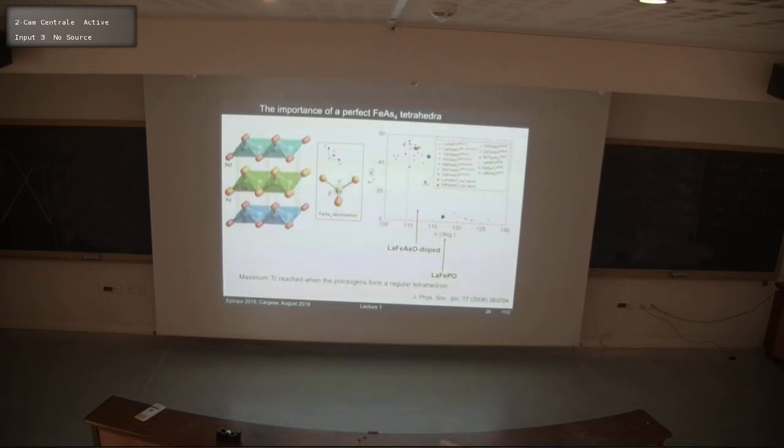Now, an empirical law found by analyzing lots of materials and looking at this perfect tetrahedron is that, especially in the 1111 family of compounds, the transition temperature is maximized when this tetrahedron is regular. And since then, it's been found quite universal that Tc is achieved when this tetrahedron is regular.